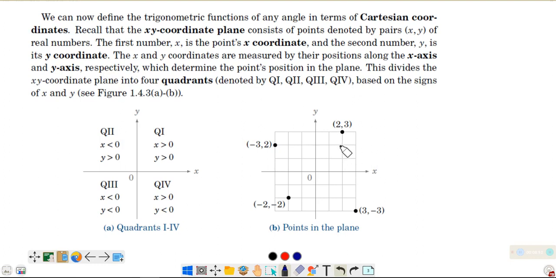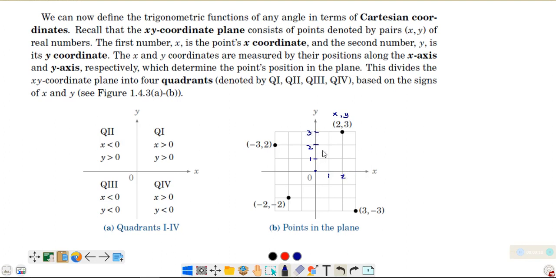Gawan natin ang mga samples dito. Bakit ito tinawag na 2, 3? So, sa x, it is at 2. Sa y, it is at 3. So, from 0, we have 1, 2. From 0 sa vertical line, we have 1, 2, 3.